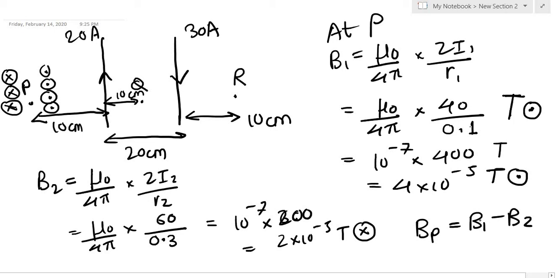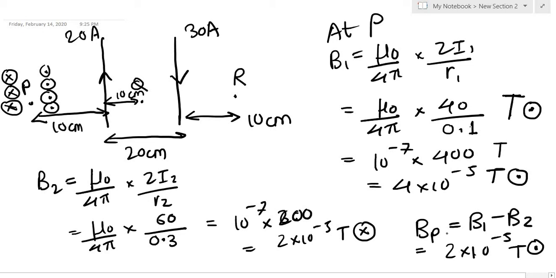So the resultant you can expect to be in the direction of B1, which is emerging, the resultant. So you subtract it, you get 2 into 10 to the power of negative 5 Tesla, and it's emerging.